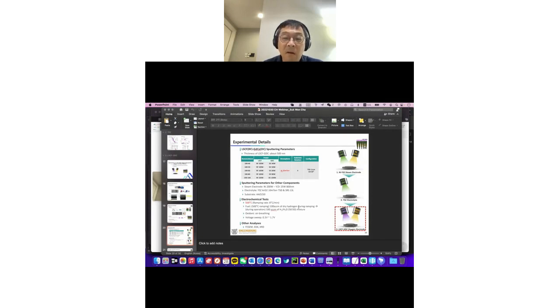One key is actually the temperature. When we atomize, we have a high temperature of around 500 Celsius for the substrate. So we think we are forming the perovskite crystal structure again on the substrate.